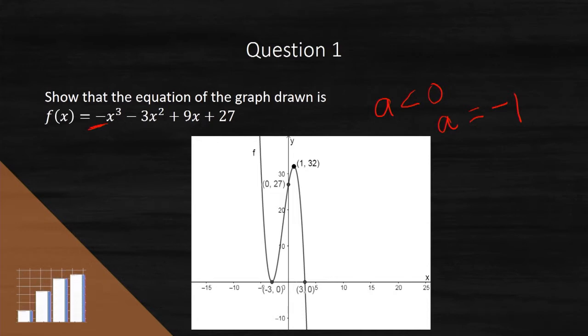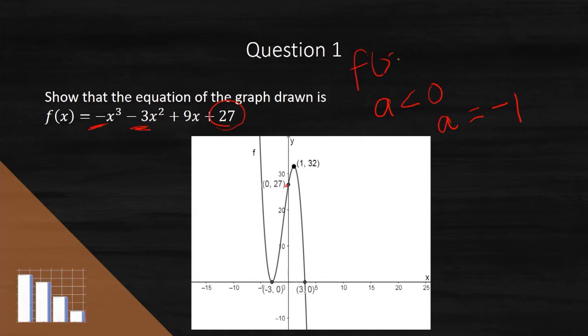We can also see that the y-intercept is 27, which is given to you on the graph. And we need to find the whole equation multiplied out, giving us that the b term is minus 3x squared. So the coefficient b is minus 3, and then c is 9. So where am I getting those a, b, c, d values from?